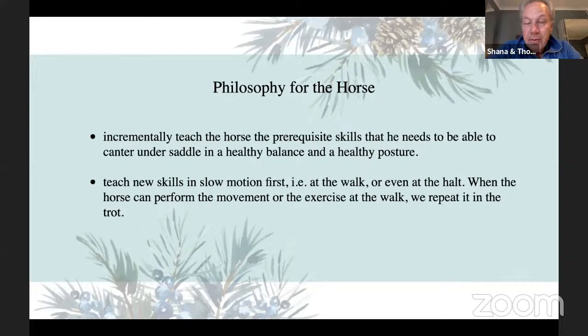So, for example, in order to work on body awareness and suppleness, you can do little 90-degree turns on the forehand in motion, where you move the croup 90 degrees one way and 90 degrees the other way. So he learns essentially that he can make a circle with his hind legs around the front legs, right?